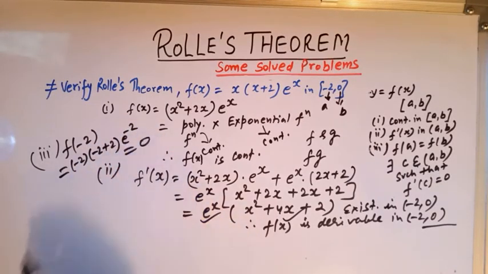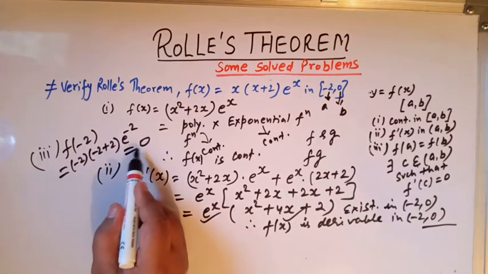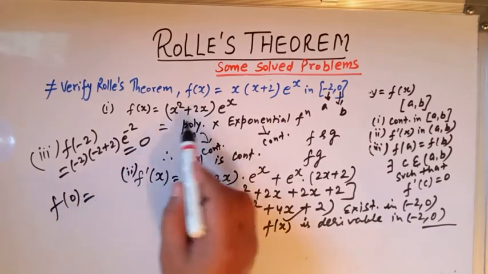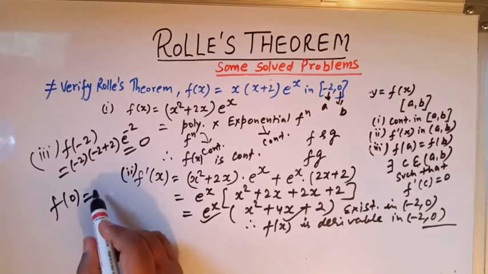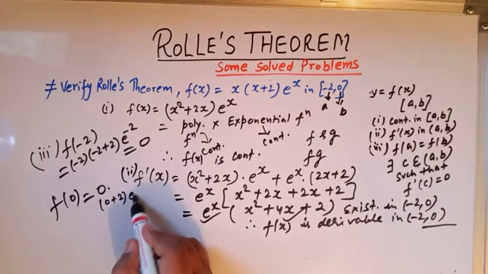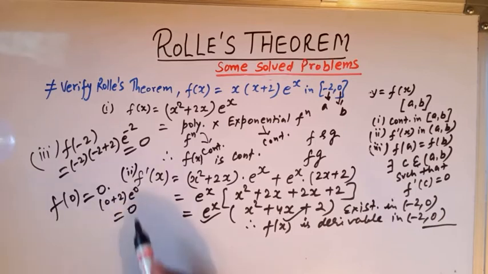So this is clearly 0 because -2 + 2 is 0, and f(0) is obviously, here we substitute 0, so it becomes 0 times (0 + 2) e^0, and it is clearly equal to 0.